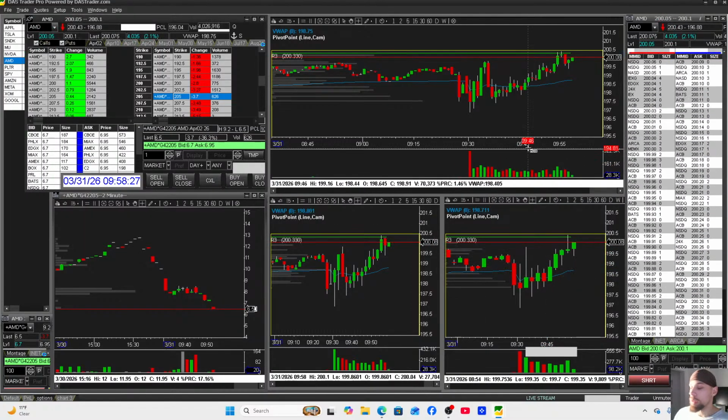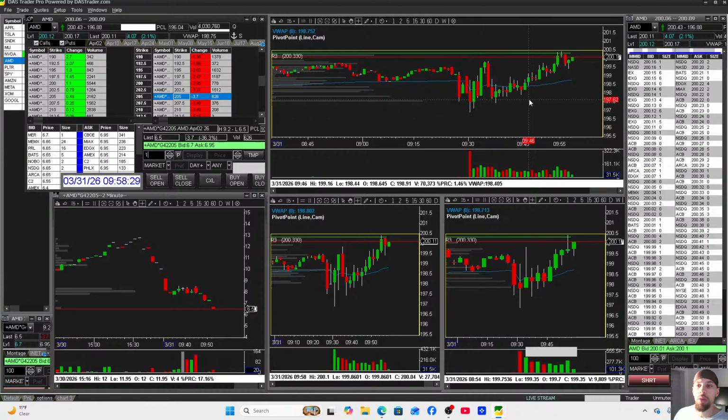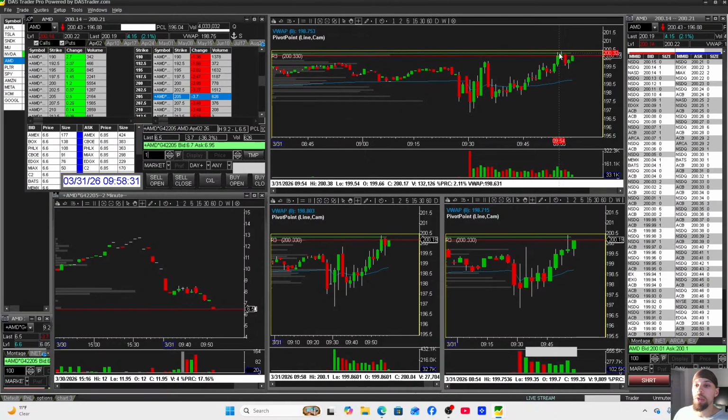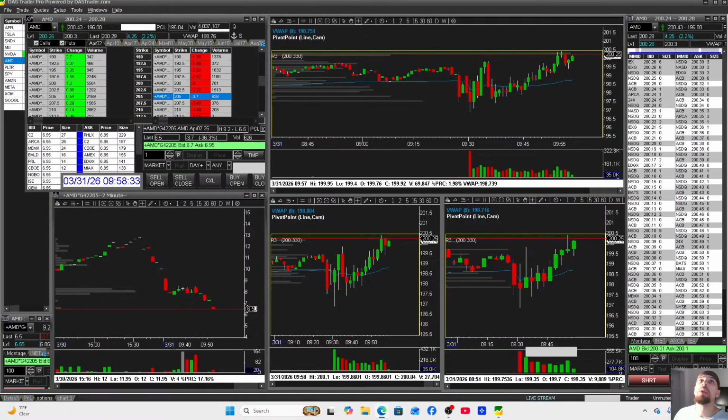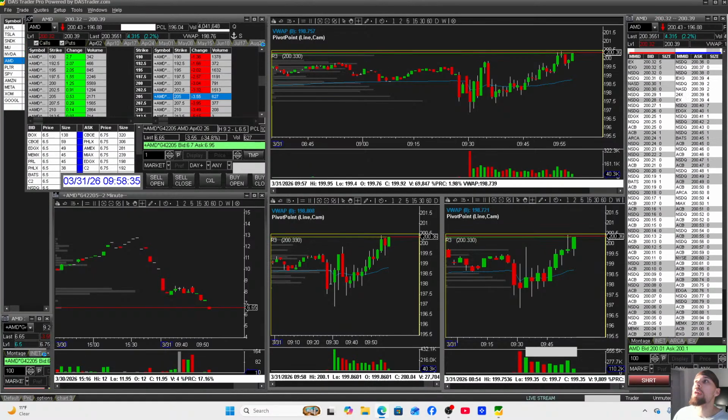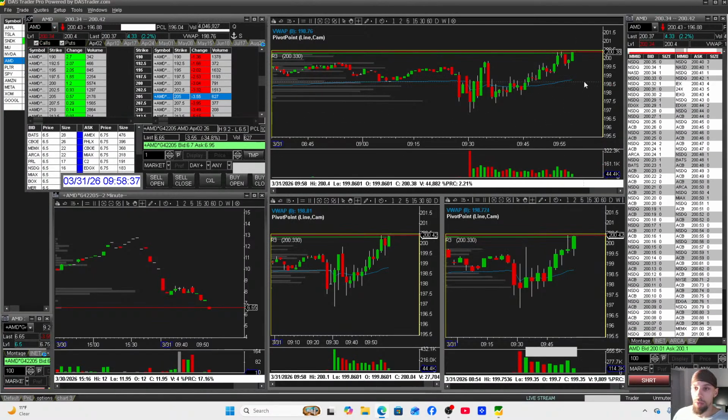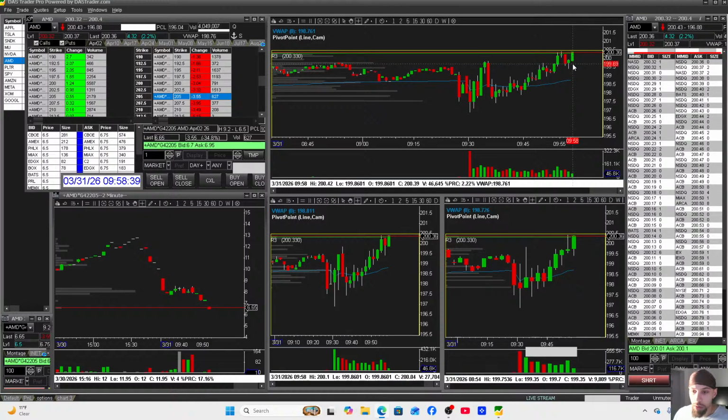Just watching AMD here. Shows significant area of resistance here. Floating around 200. Let's see if it's going to squeeze this.